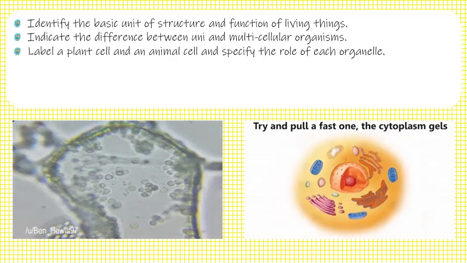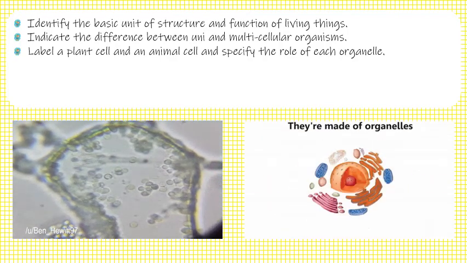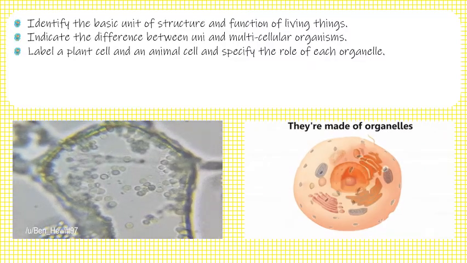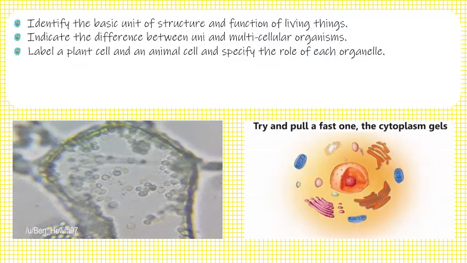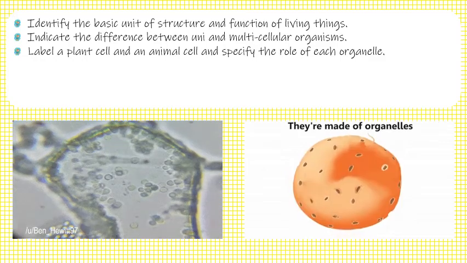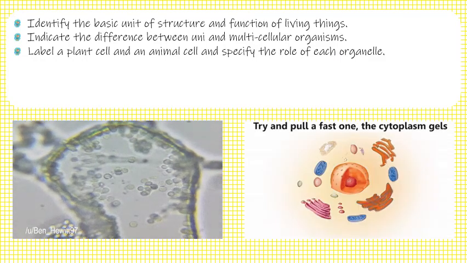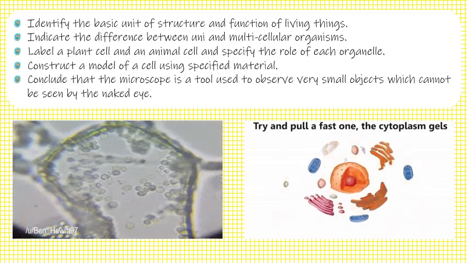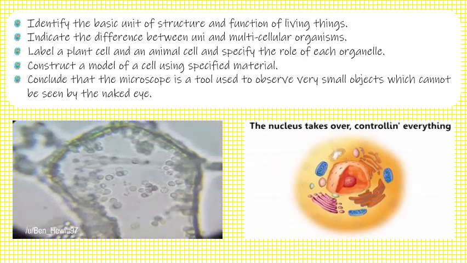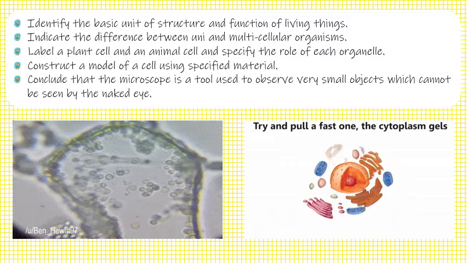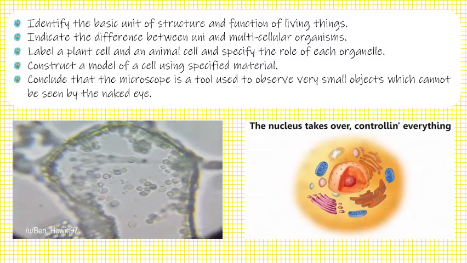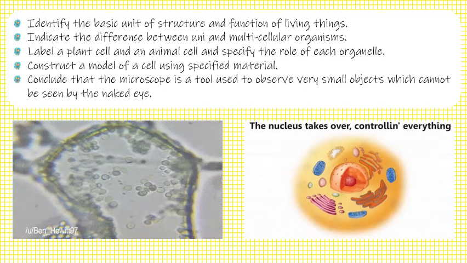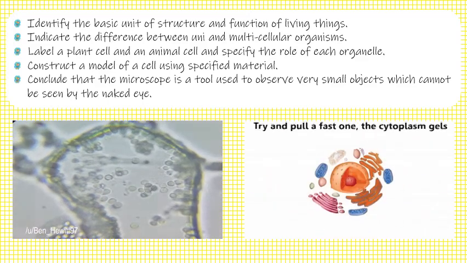And plant cells also have chloroplasts in them, where we have discs of chlorophyll that helps the plant catch sunlight for photosynthesis. We know for sure that cells are microscopic, which means that they cannot be seen by naked eyes, but we have to use a microscope to observe them.